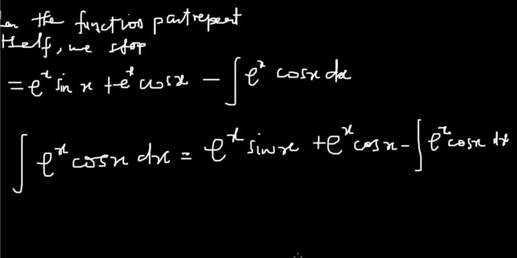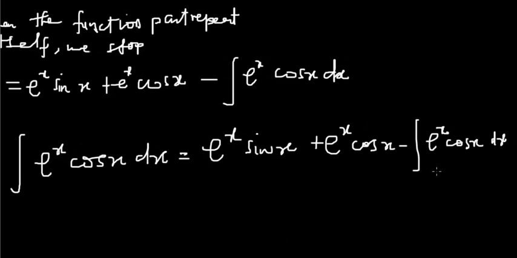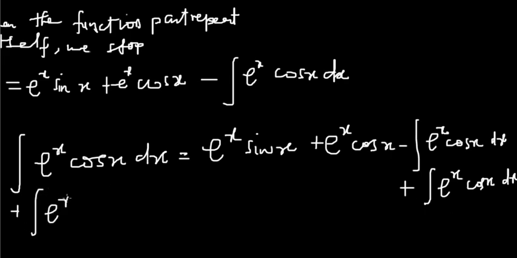So let's add this expression to the left hand side and then right hand side. So let's add plus the integral of e exponent x cos x dx to this side, and then add the integral of e exponent x cos x dx to this side.